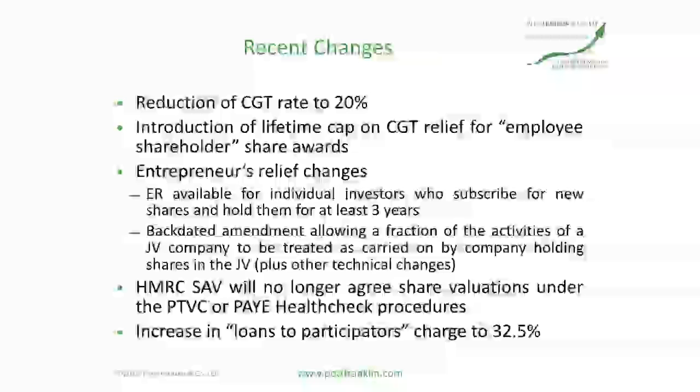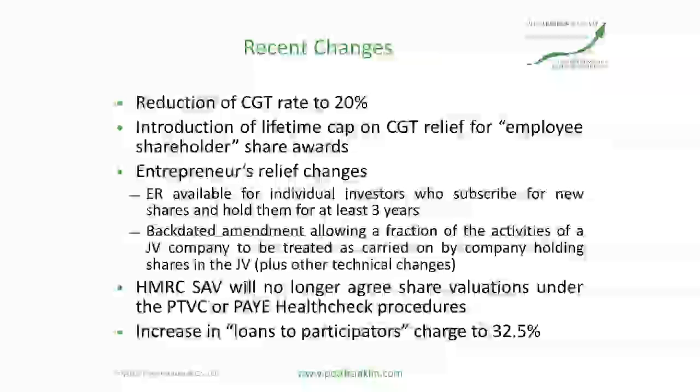It's fairly clear to most advisors why that's been brought in. This is a relief that was originally intended for creating a flexible labour force for small companies. I'm not actually aware of any small companies that have used it in that way. There may be some, I just haven't come across them.